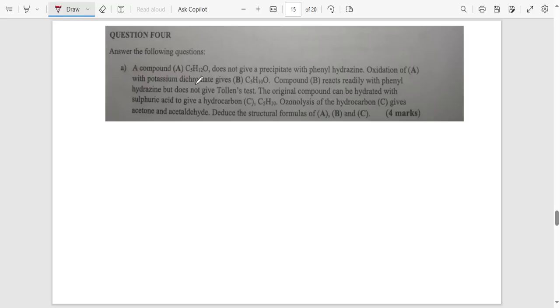Okay, no precipitate with phenyl. Remember, A has got the formula C5H12O. No precipitate with phenyl means that there is no carbonyl group, because phenyl is a test for carbonyl groups.